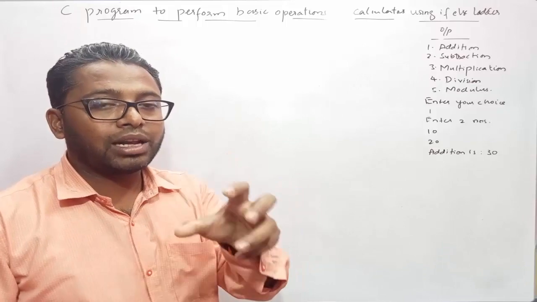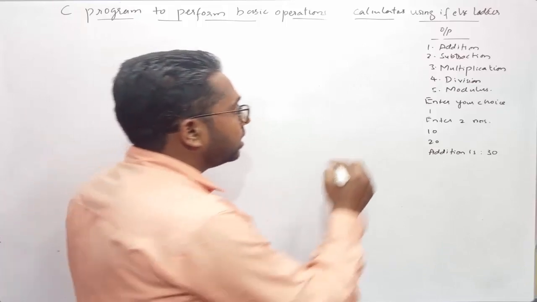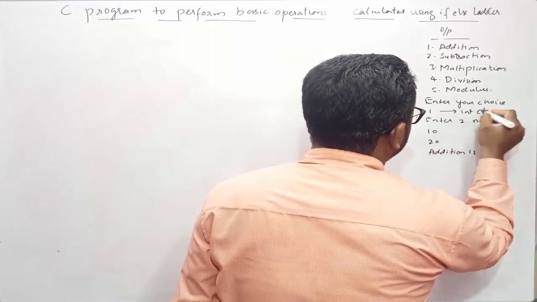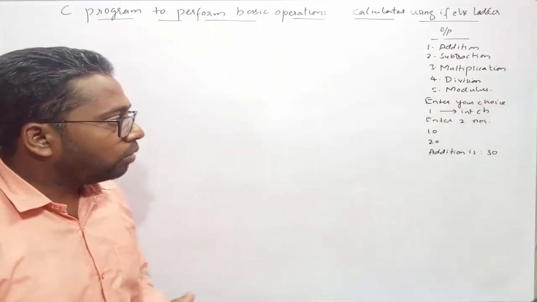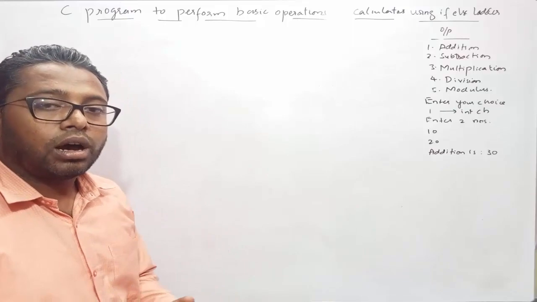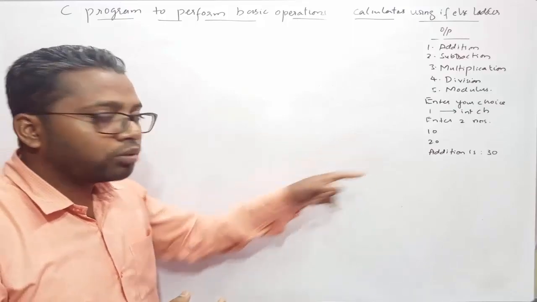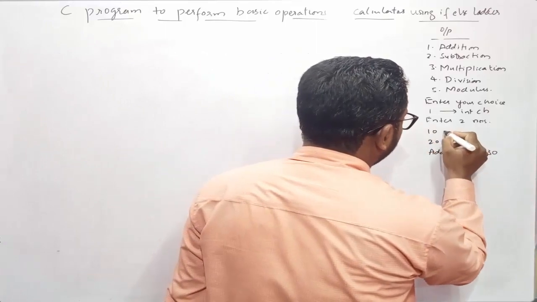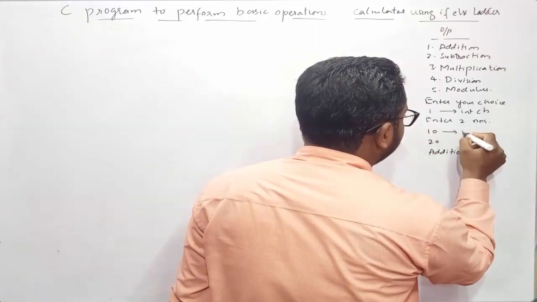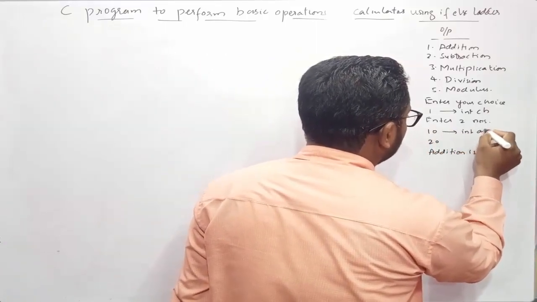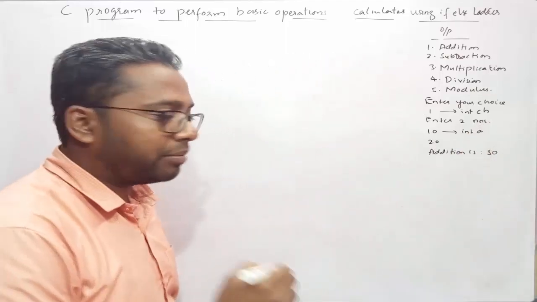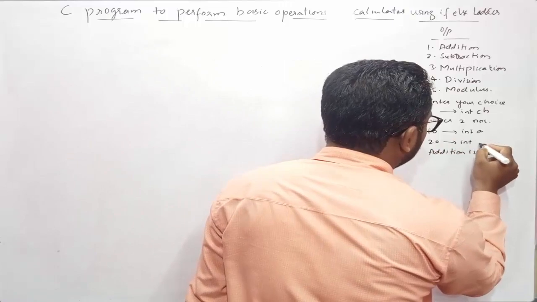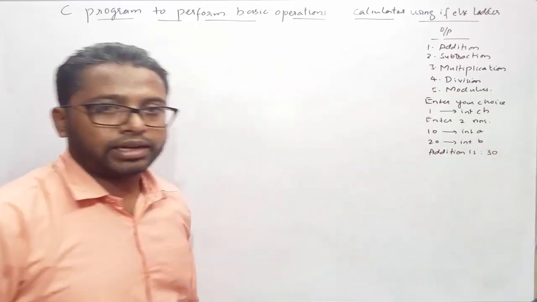To store that value in our program, I need to create an integer variable, let us say choice. Along with the variable choice, I am also asking the user to enter two values, 10 and 20. So I need to create one more variable, a, of type int, and another variable, b, of type int.